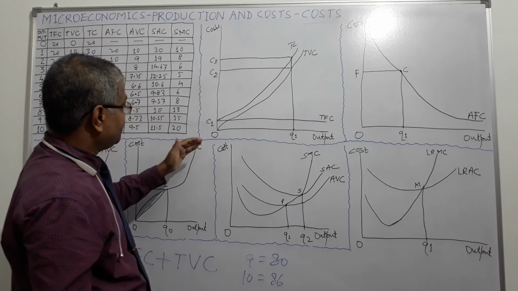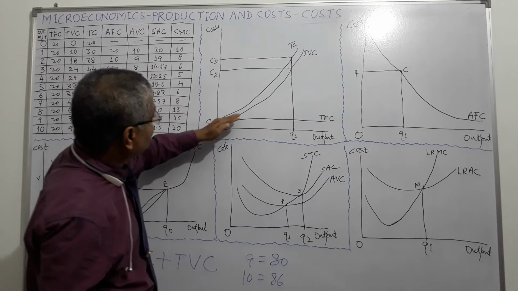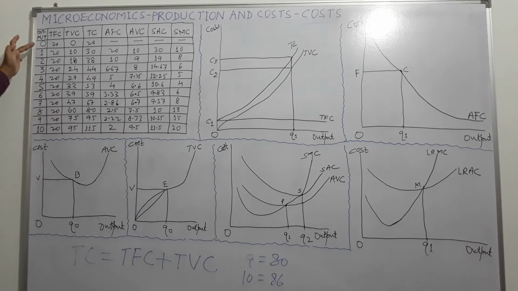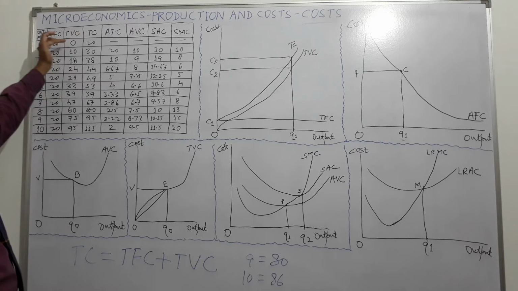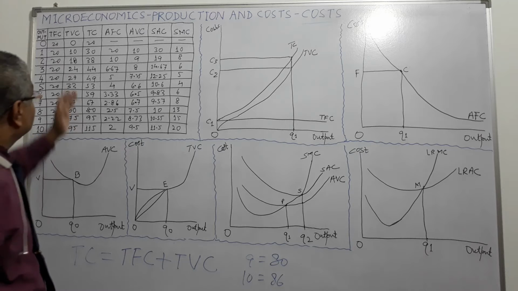But here you will find as output increases, total variable cost increases, right? Here you see 0, 1, 2, 3, 4, 5, 6, 7, 8, 9, 10. And 0, 10, 18, 24, 29, 33, 39, 47, 67, 75, 95, right?